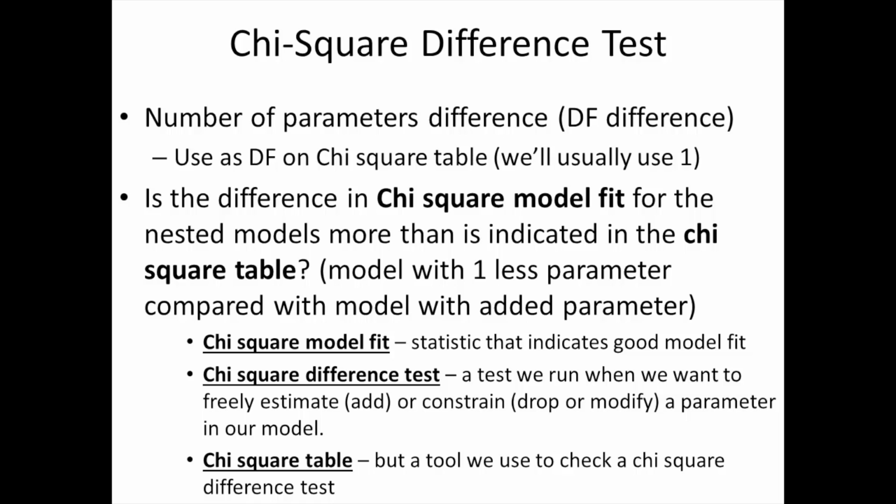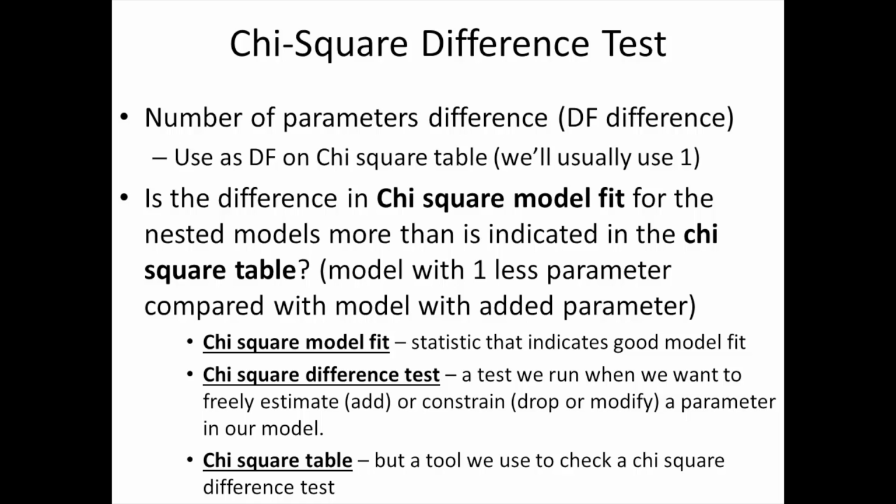So the question we're asking with the chi-square difference test is: is the chi-square model fit significantly different for a nested model compared to the broader model, given the number of constraints, or the degrees of freedom, that we have with this test?